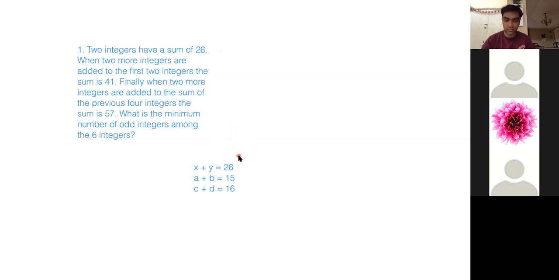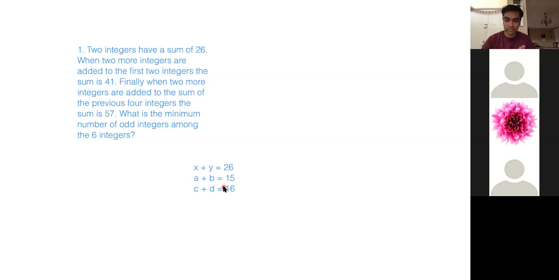So x plus y equals 26, and 26 is an even number. So we could either do odd plus odd or even plus even, but since it says minimum, we should do even plus even, because we need the least number of odd.